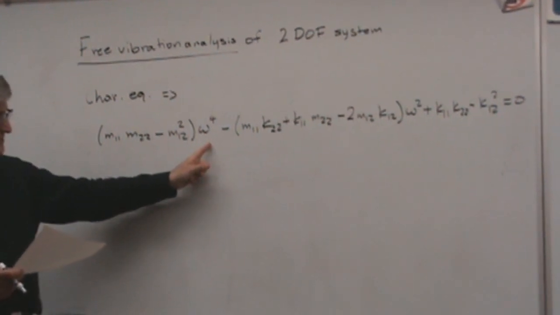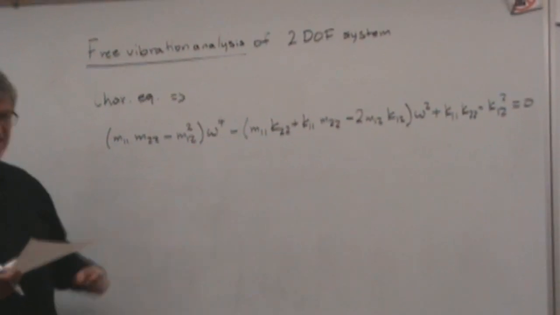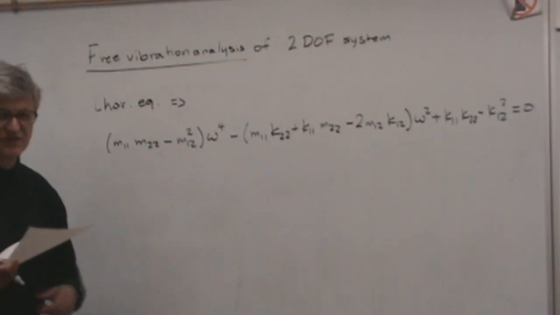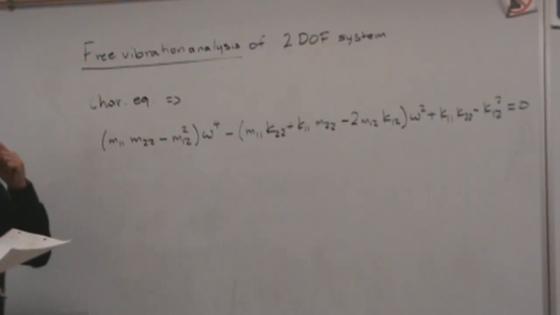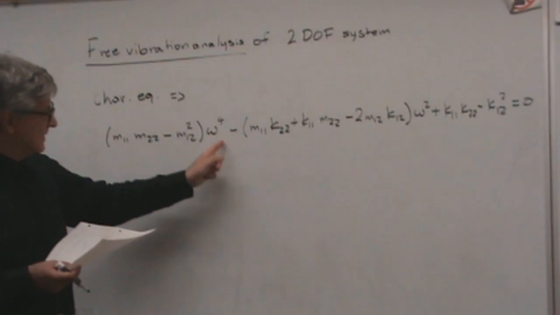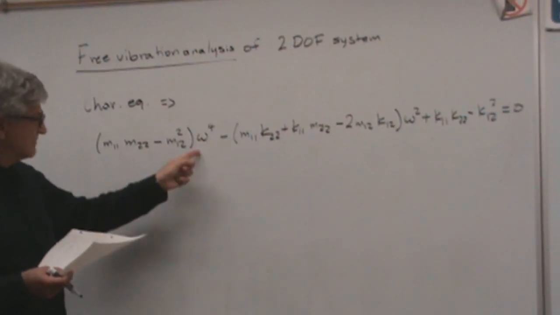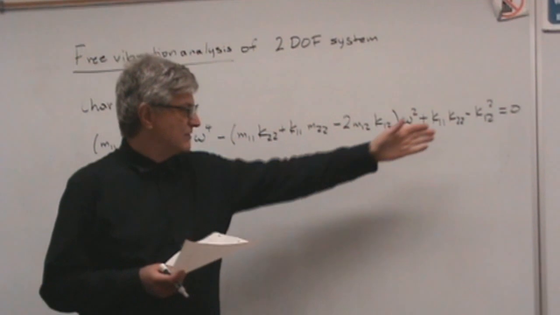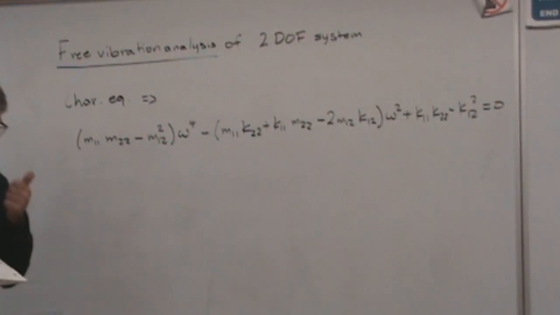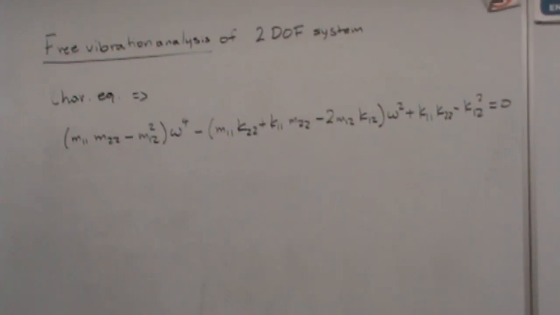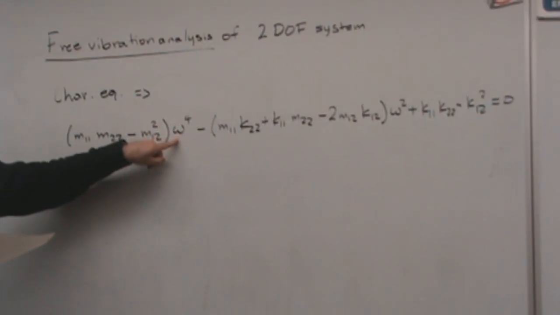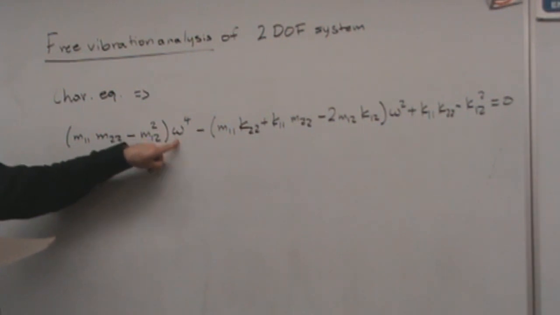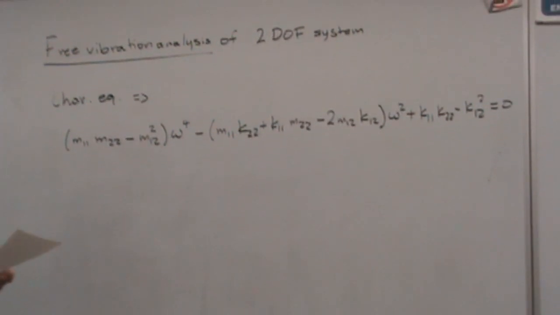Fortunately, if you notice a special characteristic of this equation, you'll be able to solve it very easily. What is that? Well, we note that there are only even powers. We have the fourth power, the second power, and of course the constant term. There's no third and first power. So, if we consider omega squared as the unknown instead of omega, you end up with a quadratic equation.